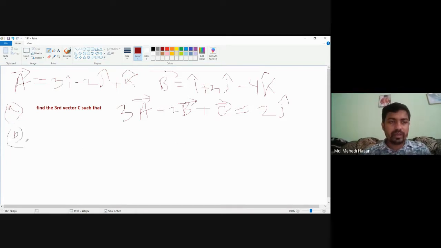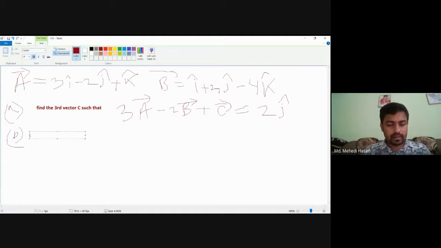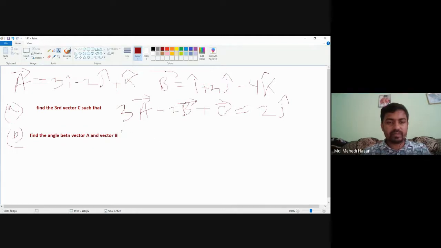Question number B, find the angle between vector A and vector B. Okay, find the angle between vector A and vector B. This is the first one, or another question maybe, or you can say same type question, but another question.